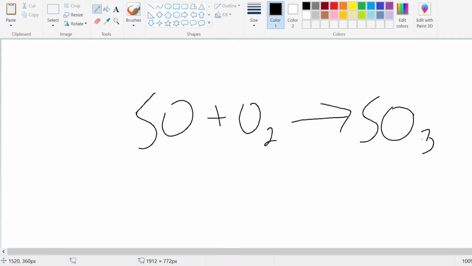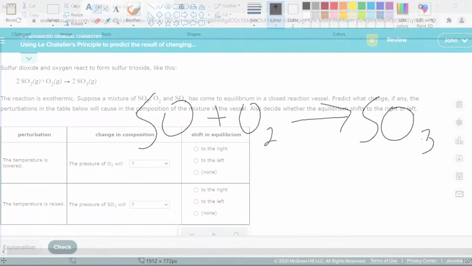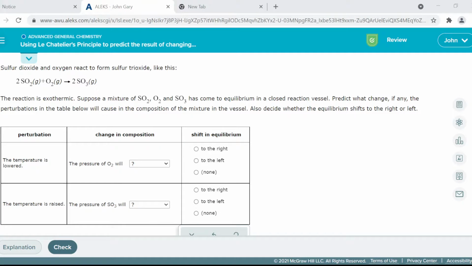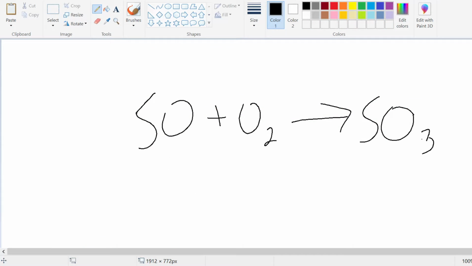For any of these reactions, the first thing you want to know is whether this is endothermic or exothermic. So it says the reaction is exothermic. All right, so let's think about what exothermic means. Exothermic means to release heat.